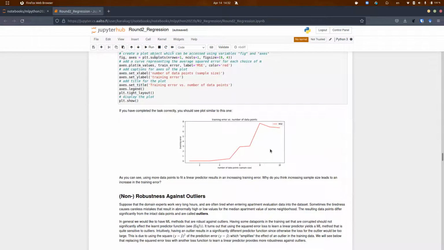Here you will see something that you probably don't intuitively expect. With 10 data points, we actually get a worse performance than with just one data point. But if you think about it, it kind of makes sense.